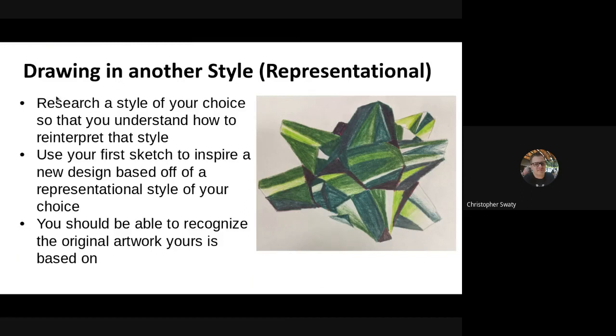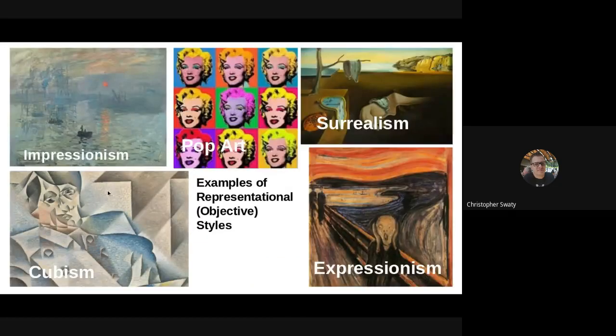So when I say research the style of your choice, what I mean is that if you look up one of these, you know how you're going to make your art cubist, or if you're going to make your art impressionistic for your second version. Okay.